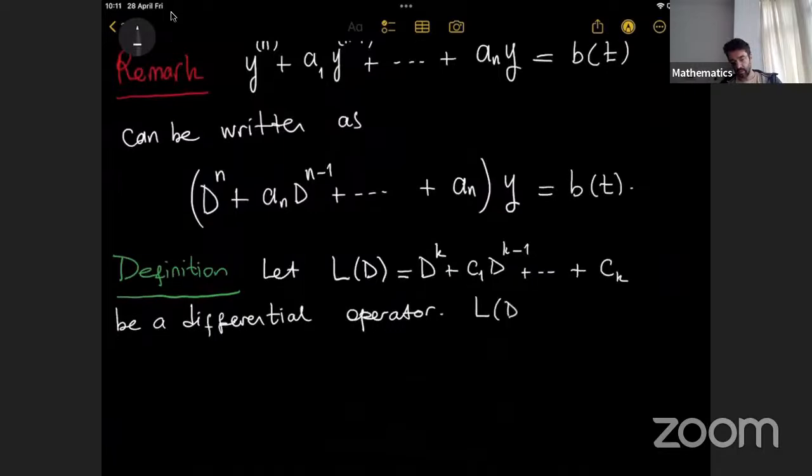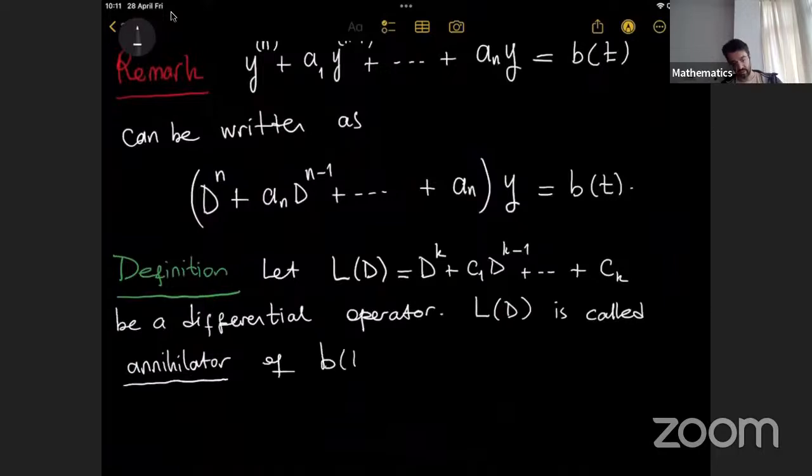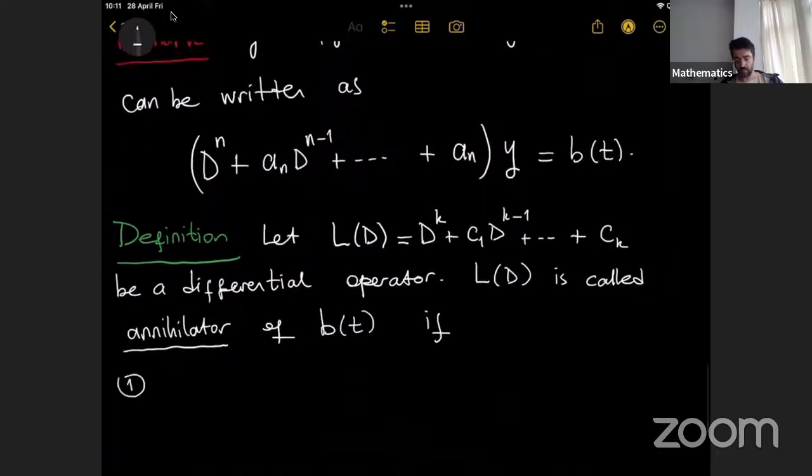L(D) is called annihilator of b(t), another function b(t), okay? If what? One, you apply L(D) to b(t), and when you apply L(D) to b(t), you will get 0.